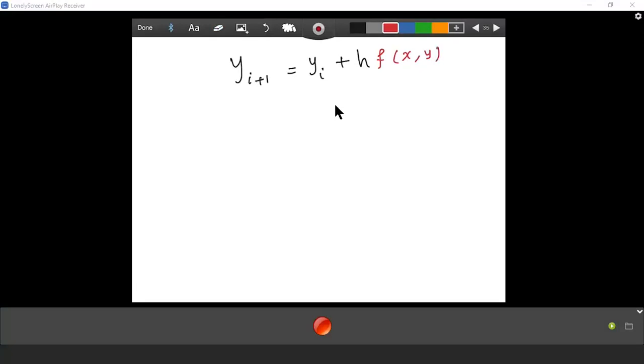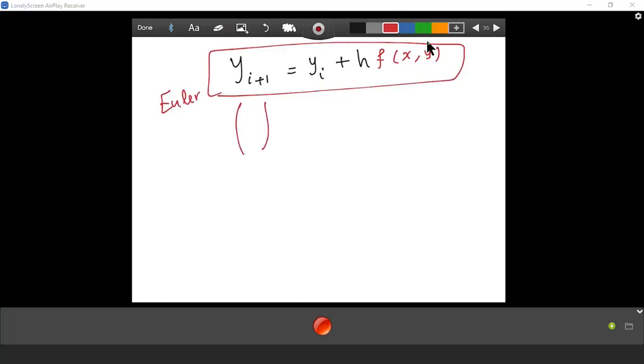So this is the Euler formula for only one equation. For a system with a square matrix, you will have a vector of y1, or you can call it u and v if you like.